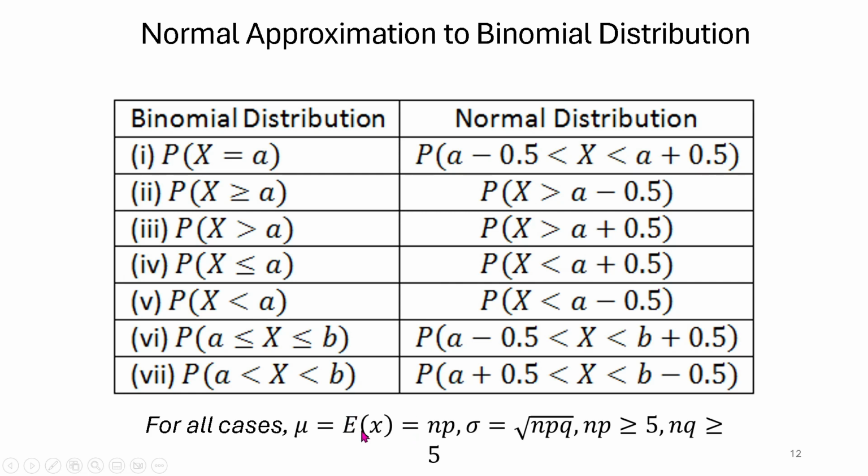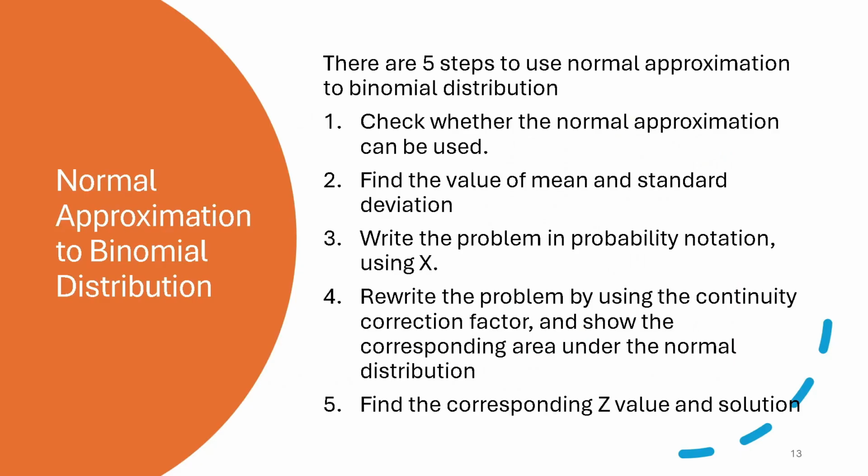The mean for the normal distribution is n times p. Sigma is the square root of npq, with np and nq greater than or equal to 5. The binomial distribution can be approximated using normal approximation.